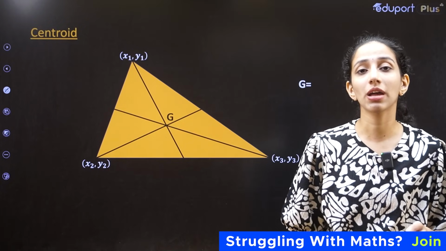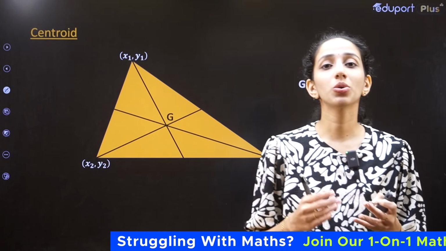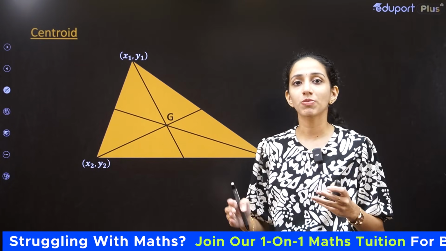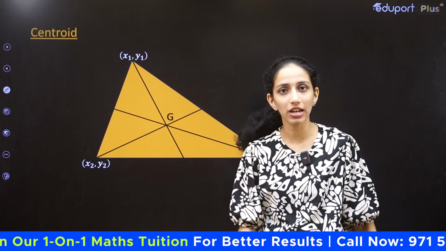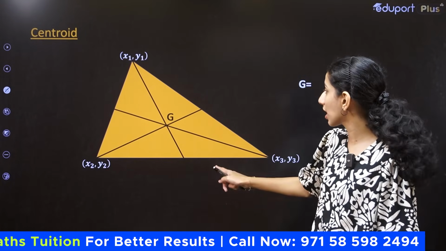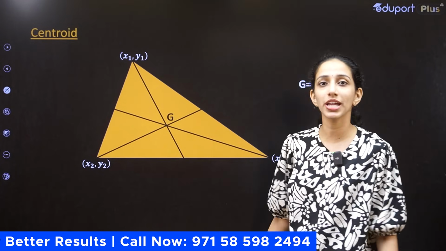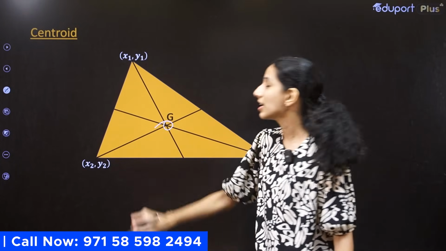Then the next thing we want to know in this chapter is to find the centroid. Okay, here we have a triangle, and the centroid comes from joining all the medians, and that point is called the centroid.